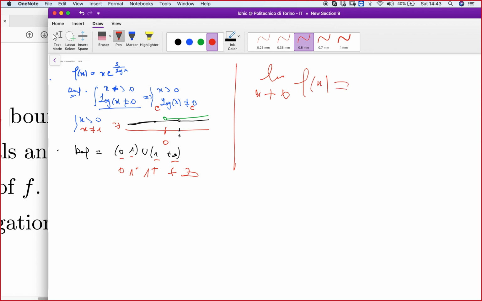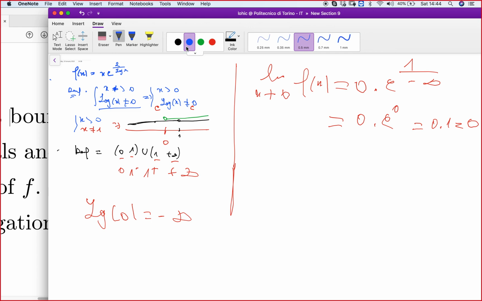If I substitute, I will get 0 multiplied by the exponential of 1 over minus infinity, because the logarithm of 0, I repeat, is minus infinity. A number divided by infinity is 0, so it gives 0 multiplied by 1 equal to 0.